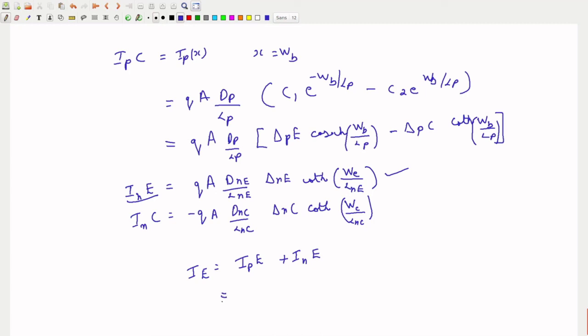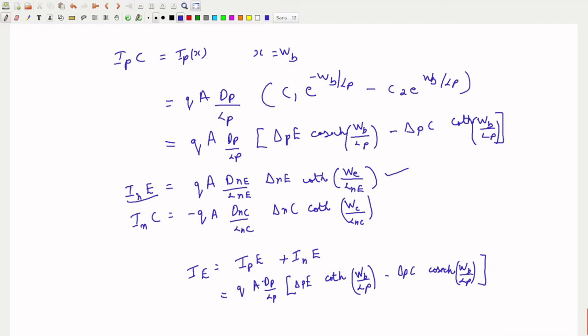By substituting the derived equations, we will get QA dP by LP, just substitution, delta PE coth WB by LP minus delta PC cosech WB by LP.